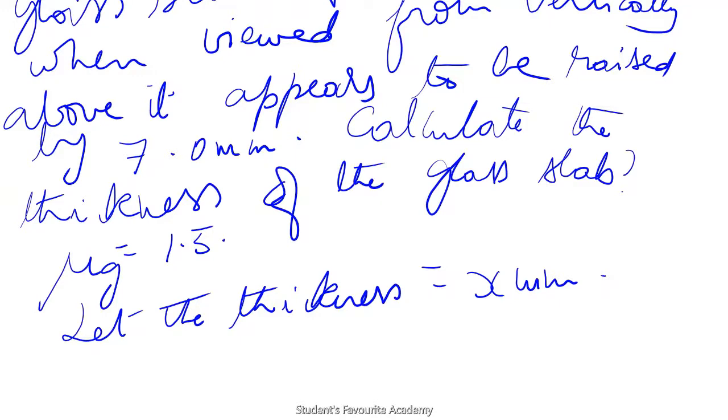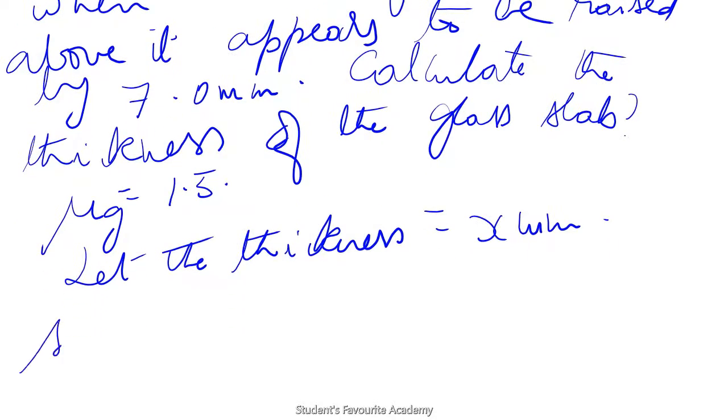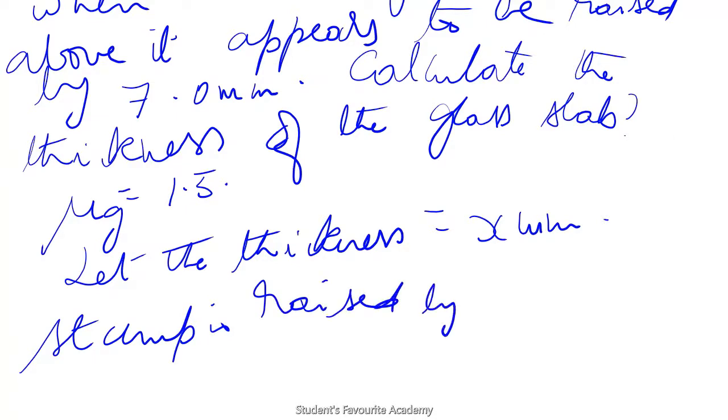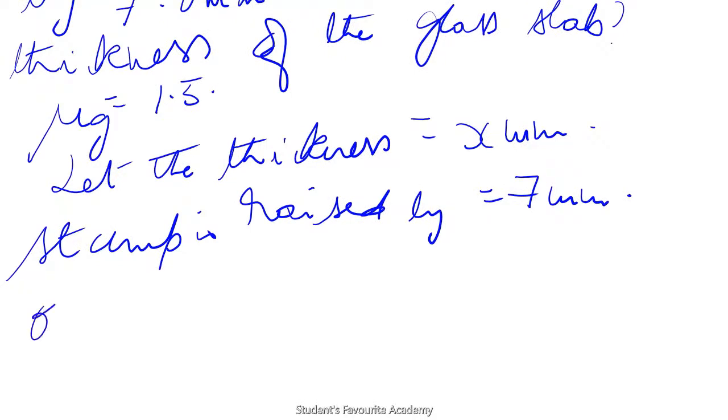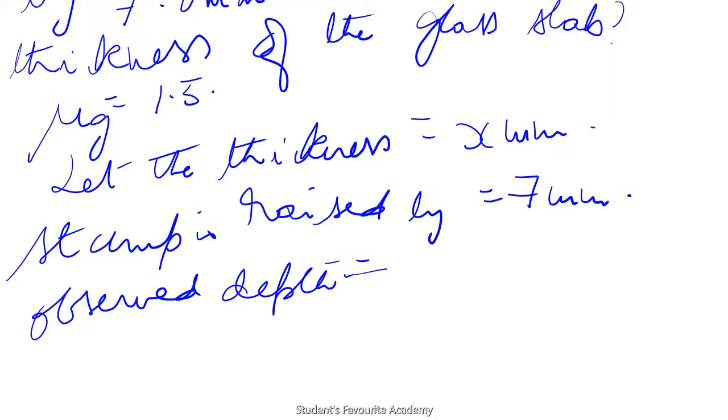So the stamp is raised by 7 millimeter. So that means observed depth, or apparent depth, is equal to x minus 7 millimeter.